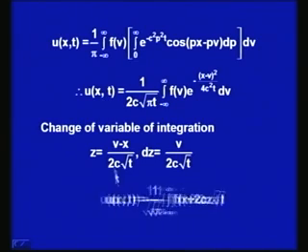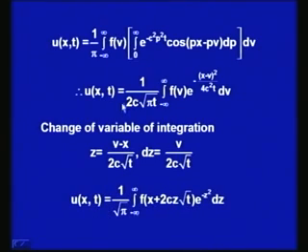So, what we would get is another formula: 1 upon square root pi, because the 2c root t will go with the dv, and I would get dz. v I would get from here as 2c root t z plus x. So, x plus 2c z root t and e to the power minus z square dz.